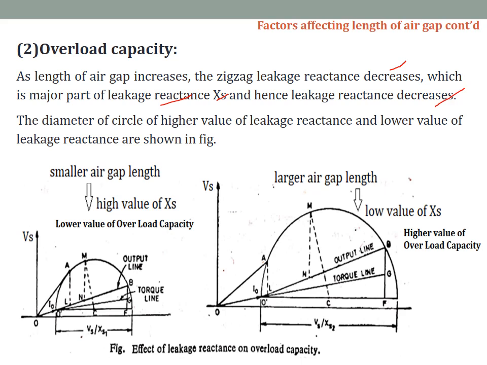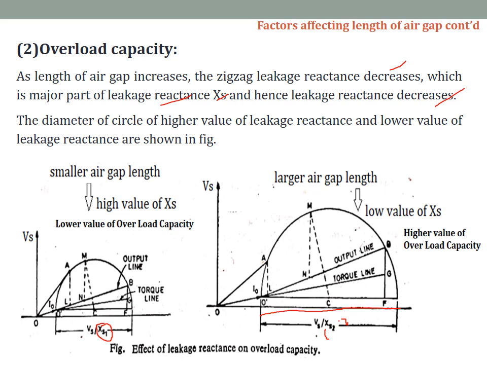So now these are the two circle diagrams, one with a higher value of leakage reactance and one with a lower value of leakage reactance. When leakage reactance decreases, the diameter of the circle diagram is large, and this will give a large value of overload capacity.